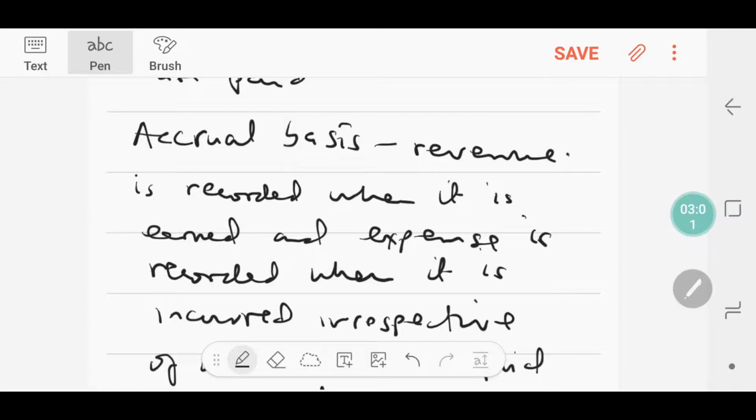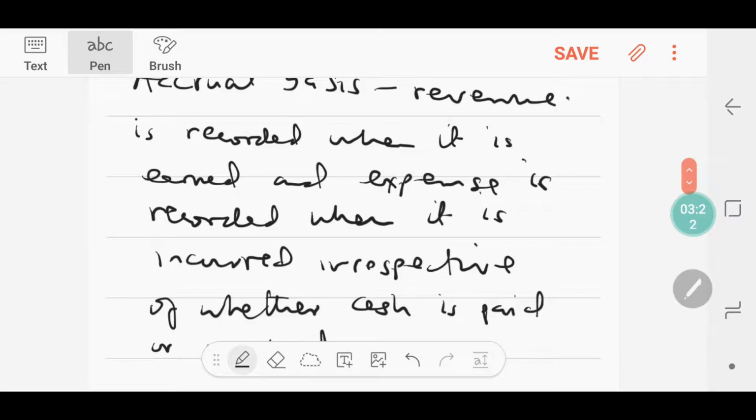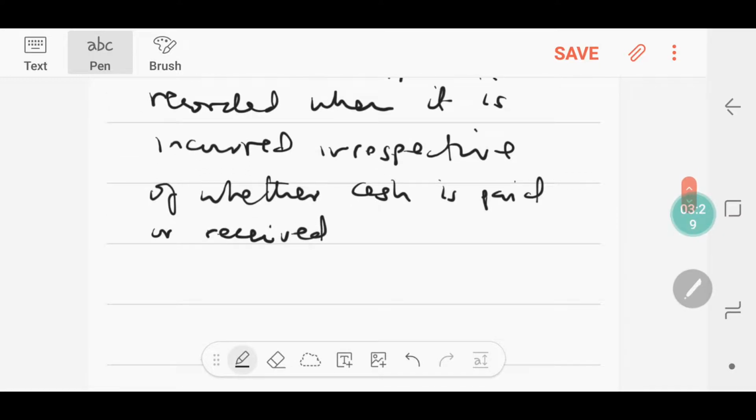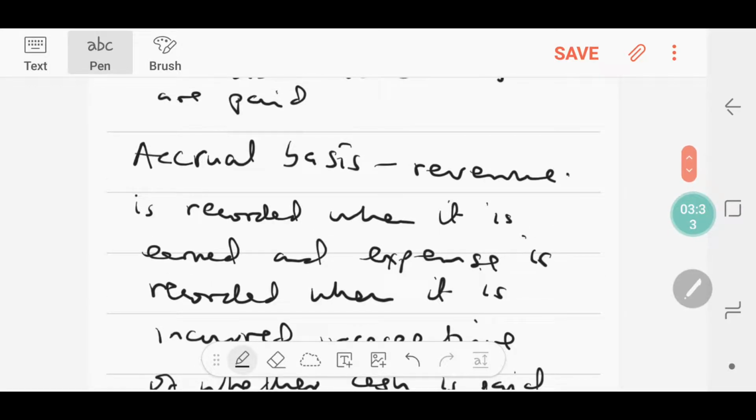That means when the entity has performed the service to the customer and it has shifted the risk and the reward to the customer, then the entity is supposed to record the revenue, and also it is supposed to record the expenses when it has incurred them, irrespective of whether it has paid for it or not. So this is difference number one.